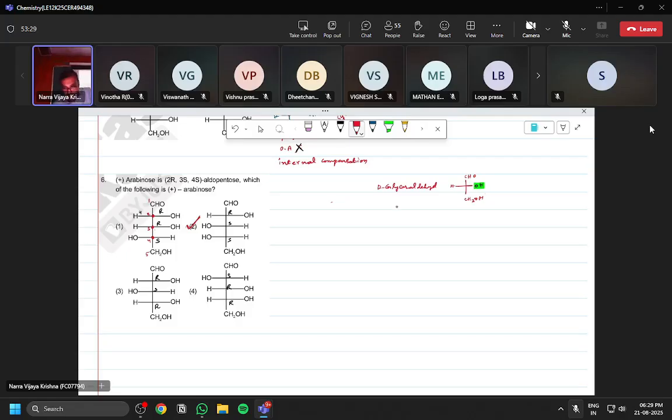When I separated that into 2, what did we get? Erythrose, threose. In case of erythrose, both OH should be on the same side. Correct? Response, sir. From erythrose, again I brought 2. So what have I done? One more OH I kept.